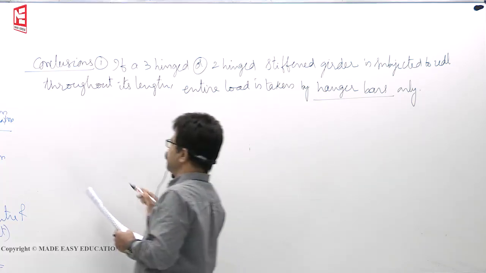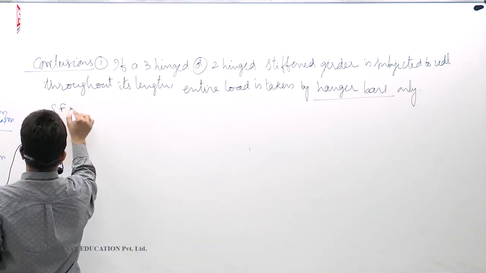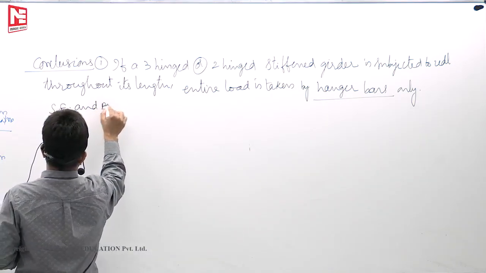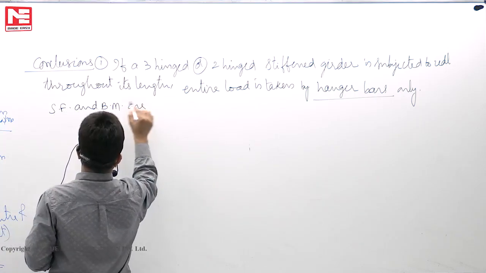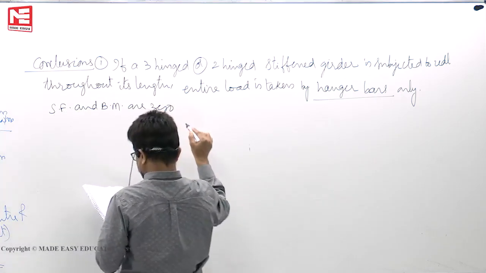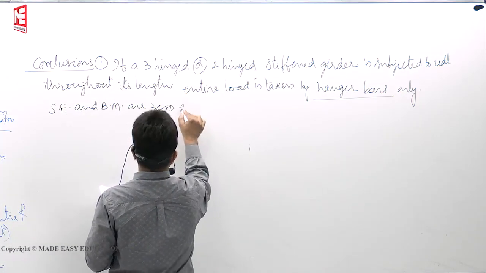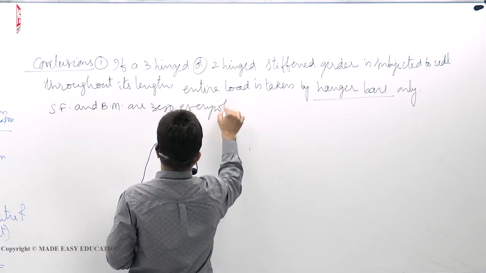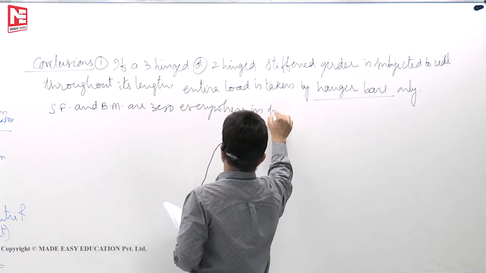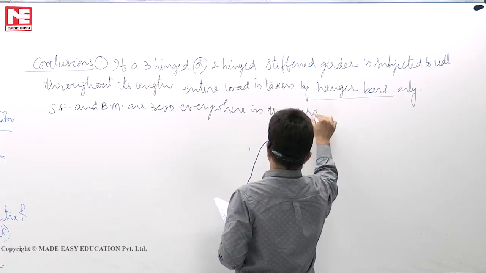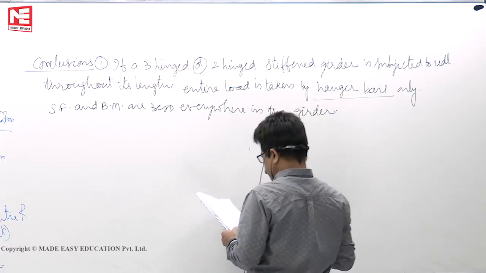Shear force and bending moment are 0. Bending moment is 0 everywhere in the girder.